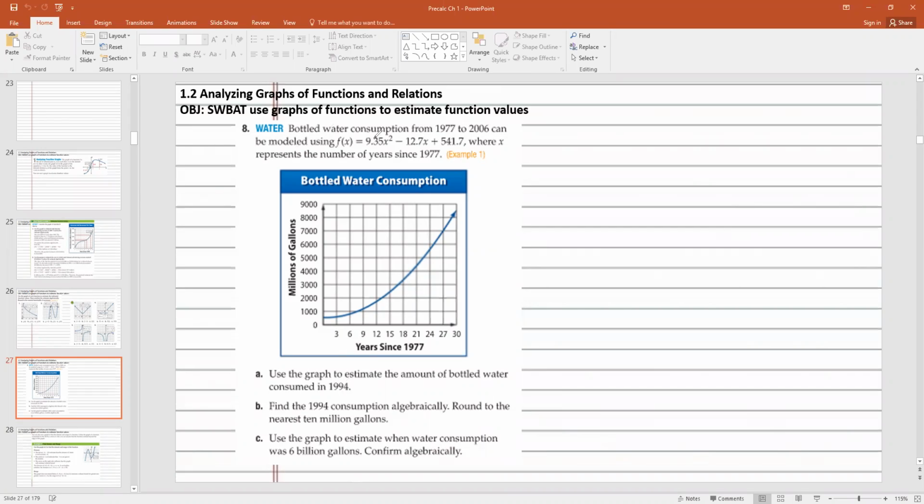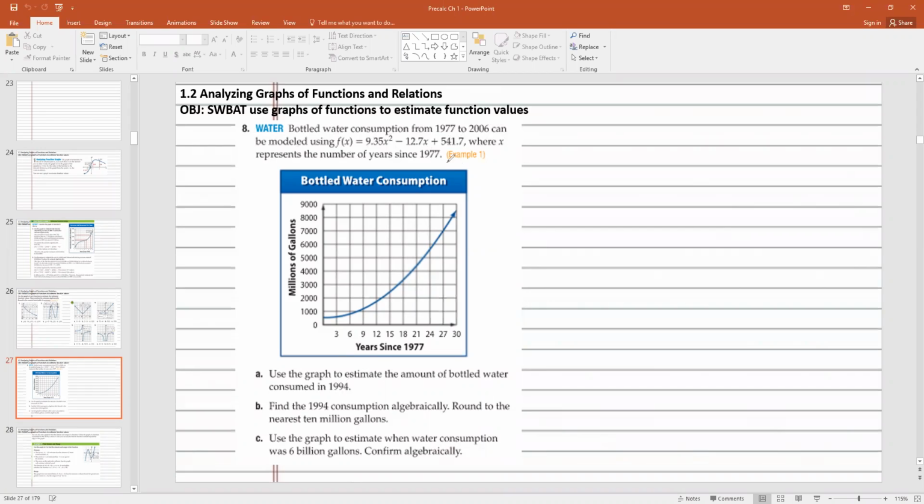So it says bottled water consumption from 1977 to 2006 can be modeled using f of x equals 9.35x squared minus 12.7x plus 541.7, where x represents the number of years since 1977.